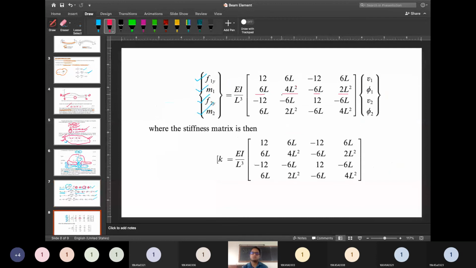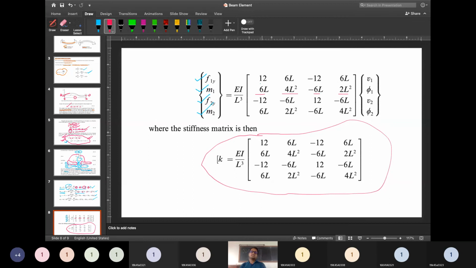With practice, right now you must be thinking that it is very complicated, but this is very simple. Once you practice it one or two times, you will find it very easy as well as scoring. So this is finally your stiffness matrix for beam element.